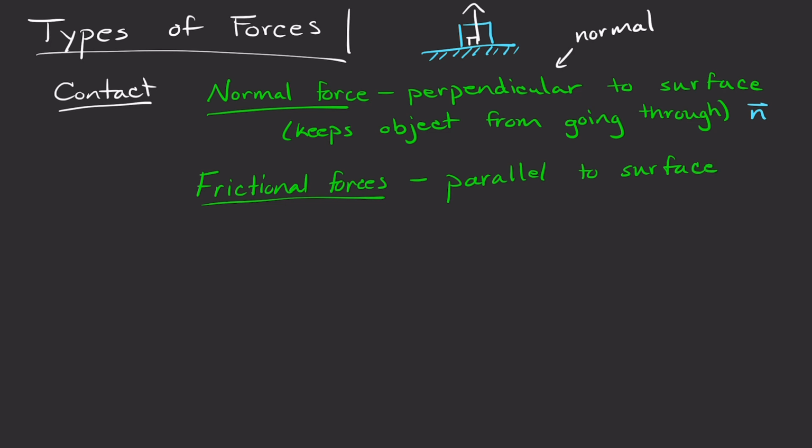So if you have a block, and let's just say it's moving to the right. If there's friction on this table or on the floor, whatever it's sliding along, then friction is going to try to slow it down or try and stop it.